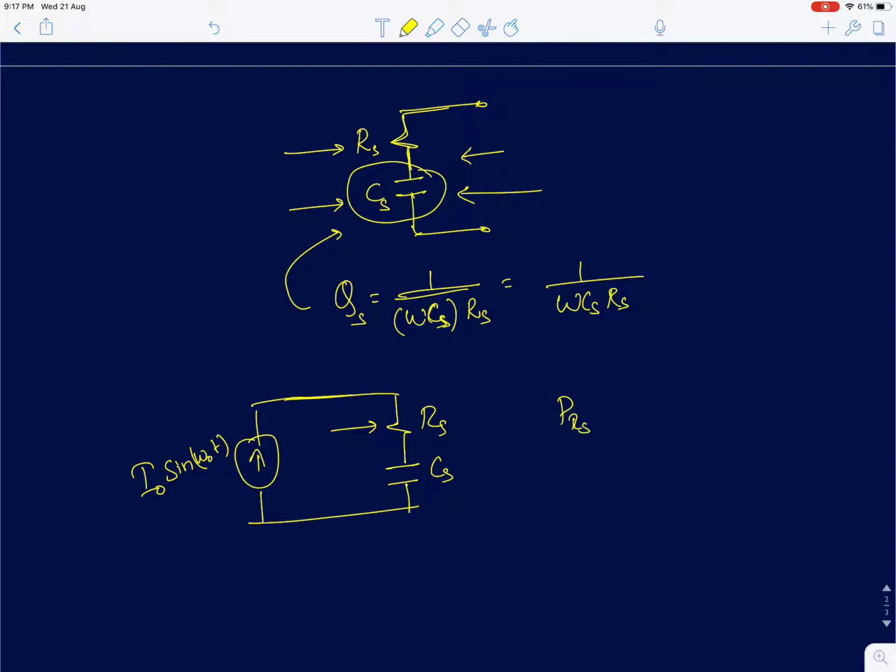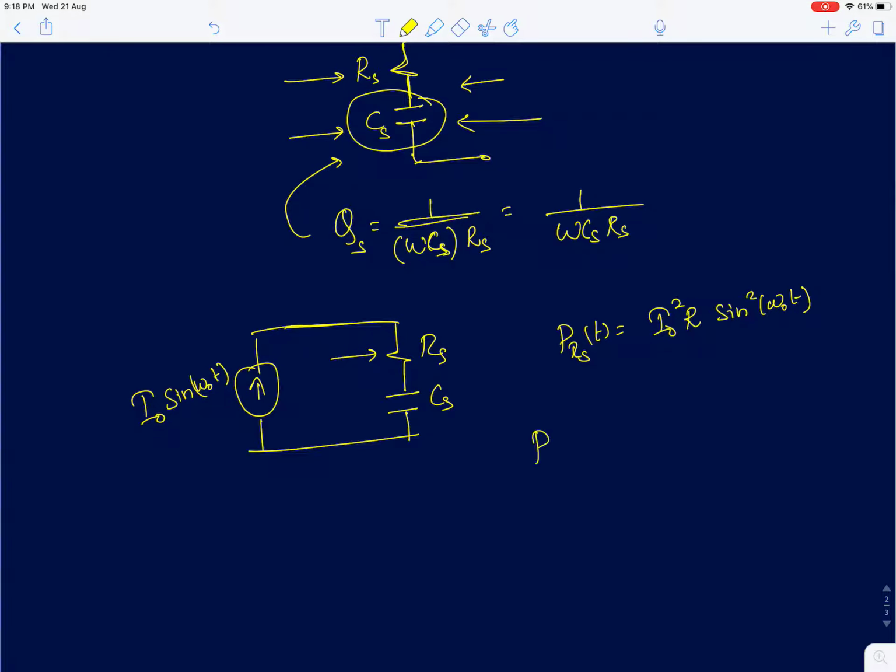Now we know the power dissipated across the resistor is I naught square R into sine square omega naught t, and for the power dissipated across the capacitor, first you have to find the voltage, which is 1 by C integral of the current. So you are going to get I naught by omega naught Cs into cos omega naught t.